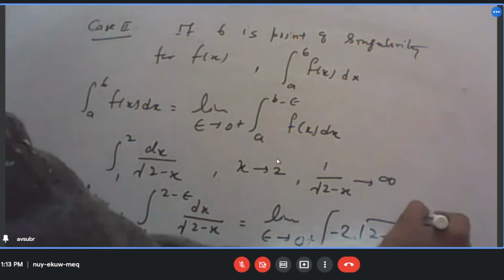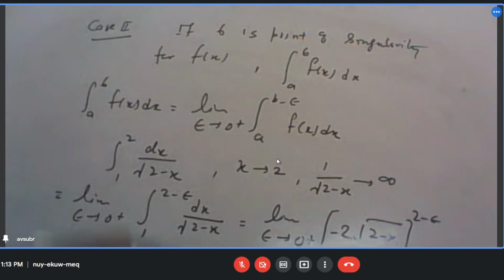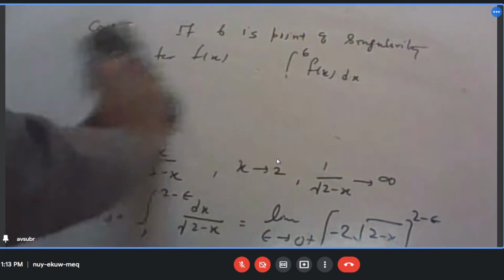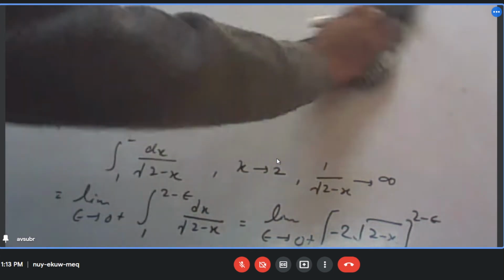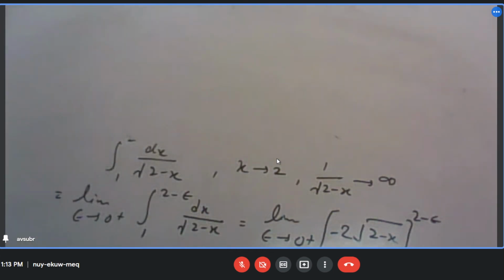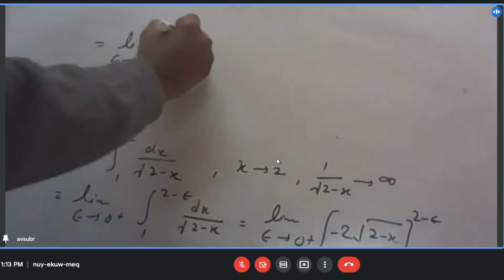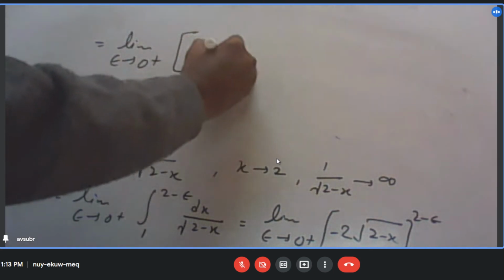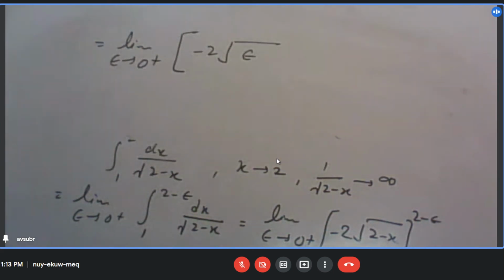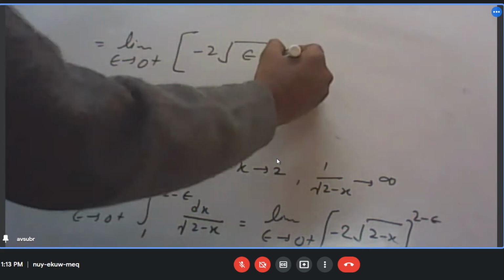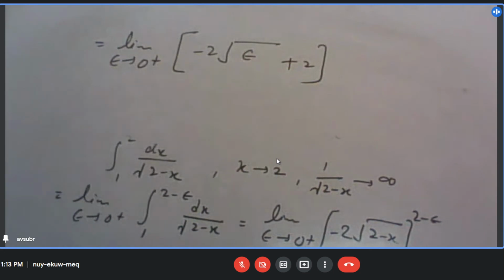So now I can write down the limit. This goes to minus 2 root 2 minus x, with limits 1 to 2 minus epsilon. Is it okay after putting the limits?